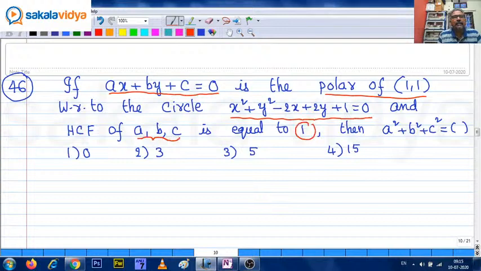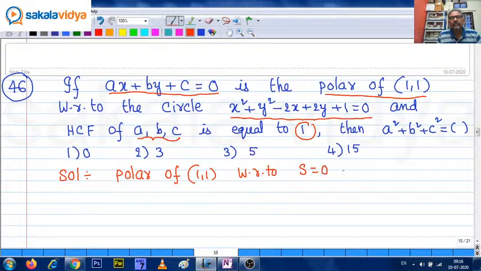That means a, b, c are in least form itself only. Understood now? So first we need to find the polar of (1, 1) with respect to the circle, say S equals 0, that is S1 equals 0.